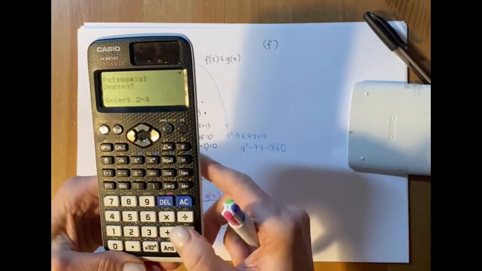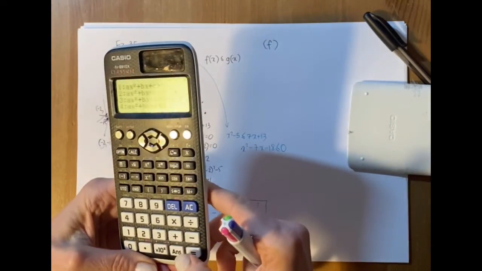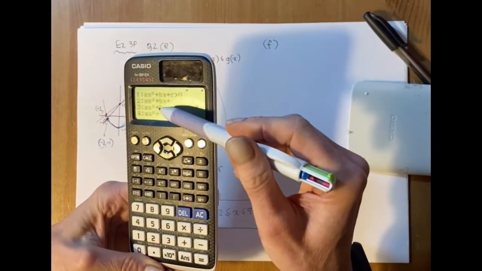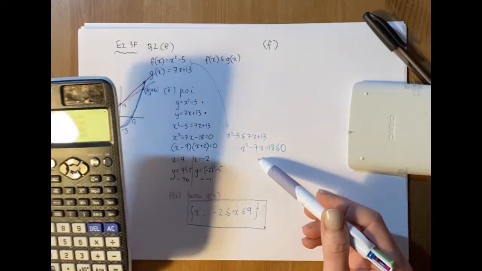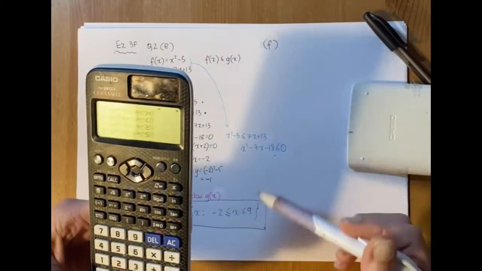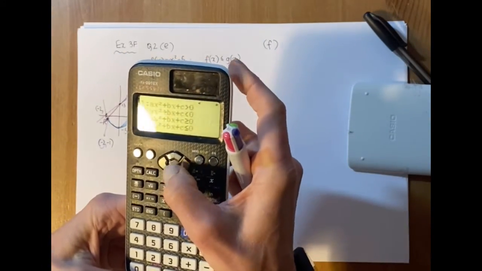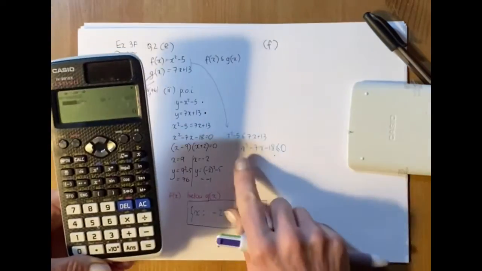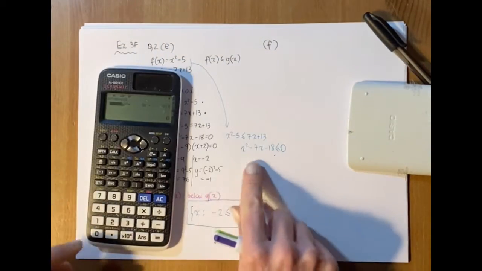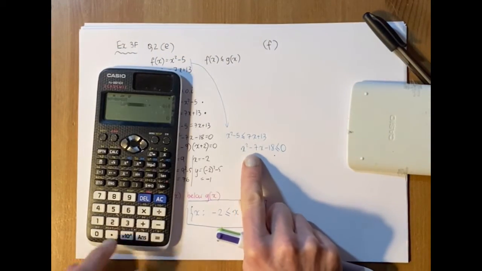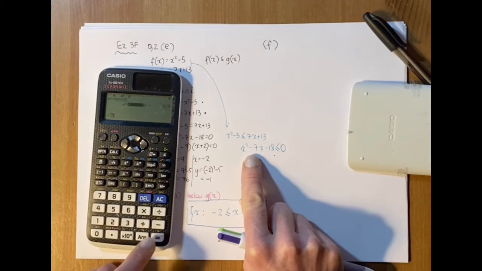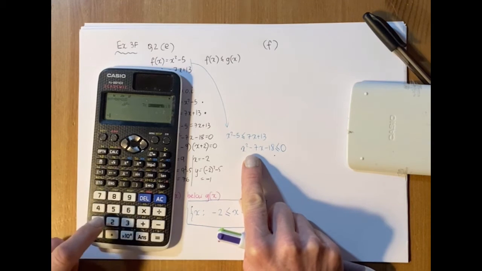We want polynomial of degree 2. And we want ax squared plus bx plus c less than or equal, so option 4. And the coefficients are 1, minus 7, minus 18.